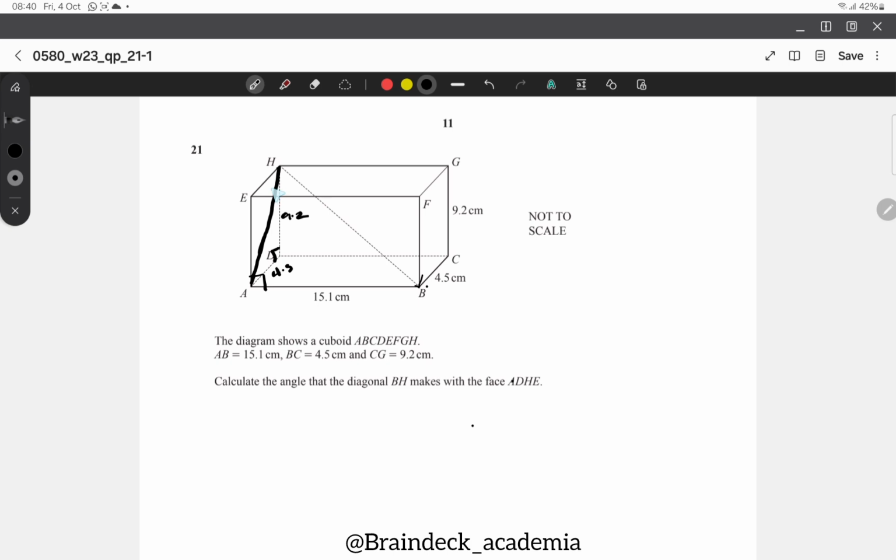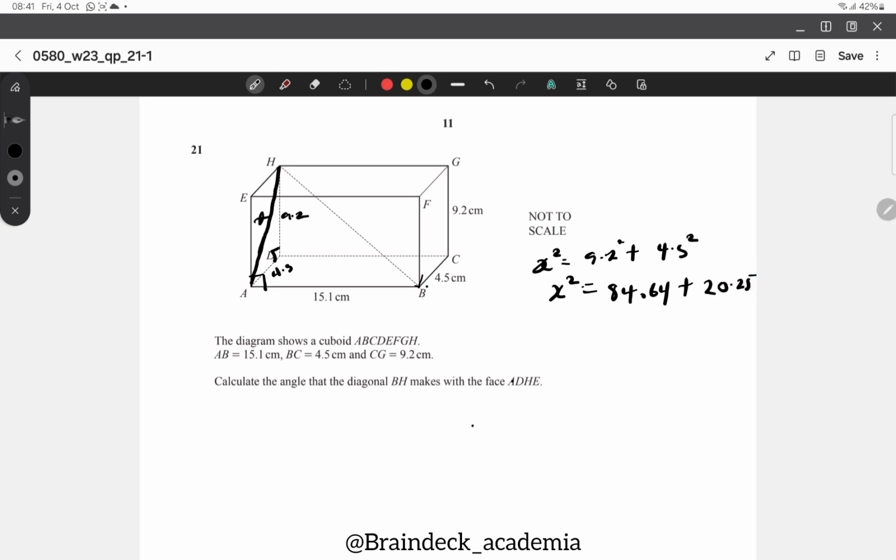So I can look for this place, I can look for side HA. Let's call it x. Using Pythagoras theorem, x squared equals 9.2 squared plus 4.5 squared. 9.2 raised to the power 2 will give me 84.64, plus 4.5 raised to the power of 2 will give me 20.25.